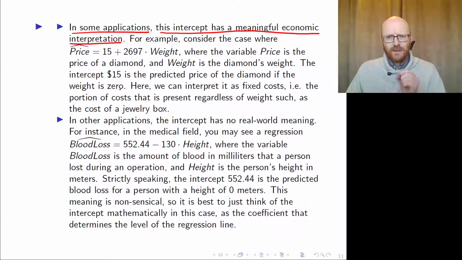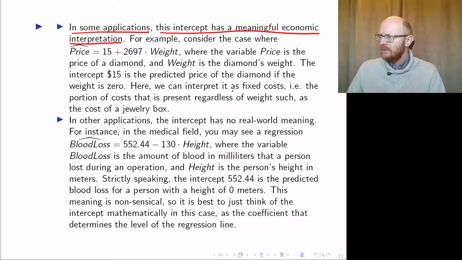You haven't heard about a 0 weight diamond, of course, but in this case we can actually interpret the intercept as a logical measure.